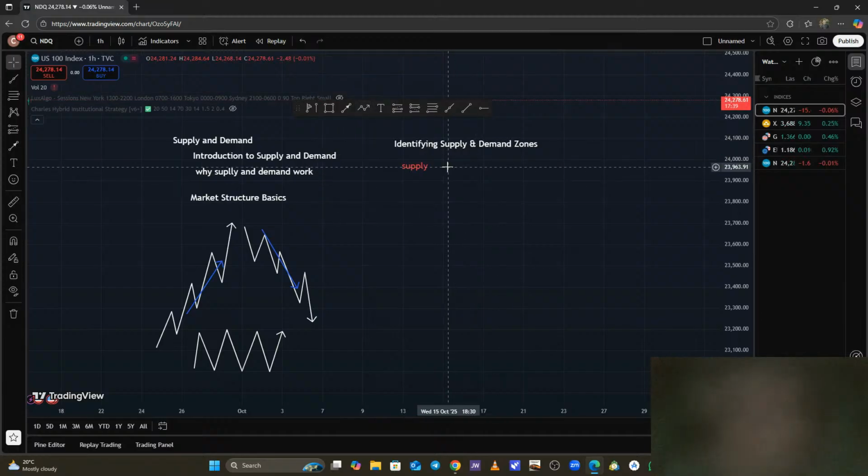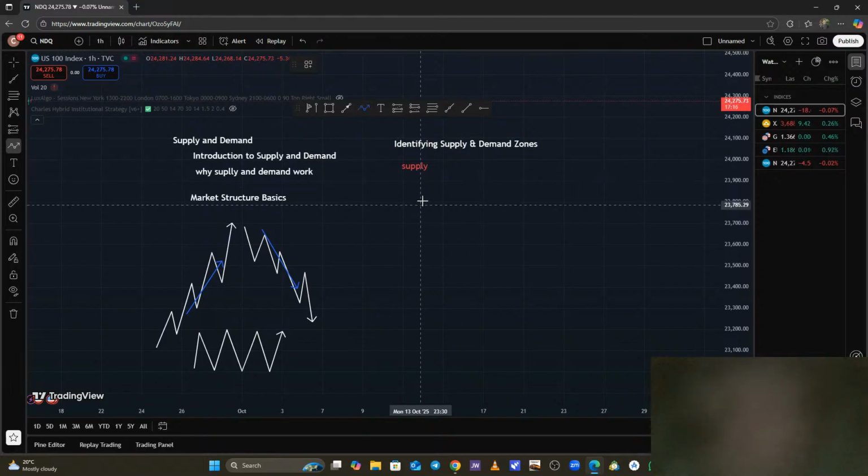Supply zone. So when you're identifying supply, you need to know, firstly, what is a supply zone. A sharp move away from the consolidation or base, or strong selling momentum, that's where your supply is. And this is the first thing you need to identify.